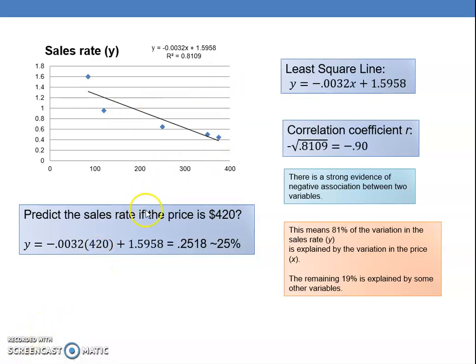Okay, sorry about that, class. So for the price, I wrote initially 500 here. We want to know the sales rate if the price is 420. So then using your calculator, it comes out to 0.2518, or approximately 25% is the sales rate.